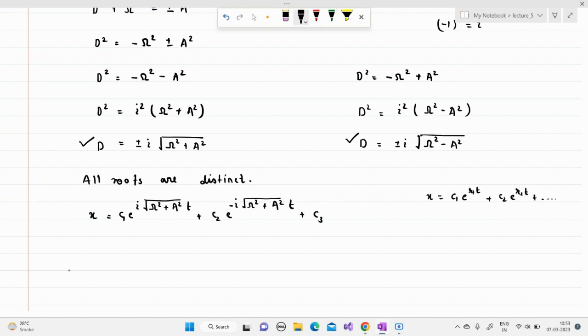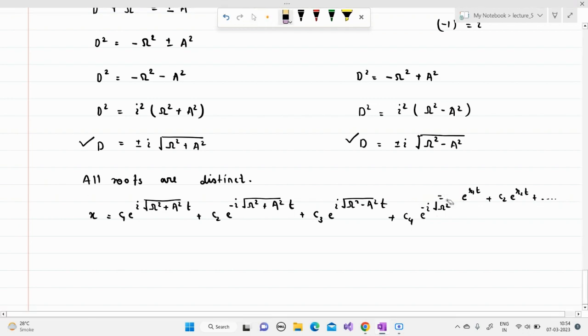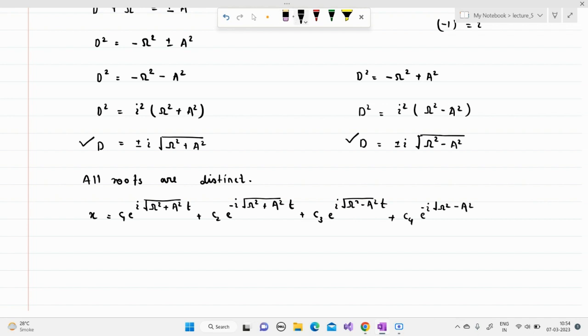The third root will give c3 e to the power i under root (omega square minus a square) into t plus c4 e to the power minus i under root (omega square minus a square) into t.